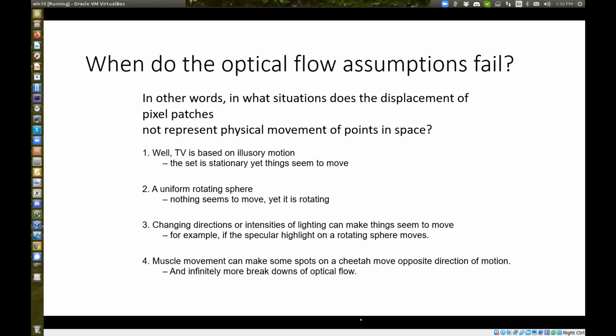If, for example, you have a TV in the scene, you can never tell at this low level whether the TV itself is moving, or this TV is on a truck that is moving, or on a trolley that is moving, or the scene inside the TV is moving. There's no way you can figure that out using optical flow alone.